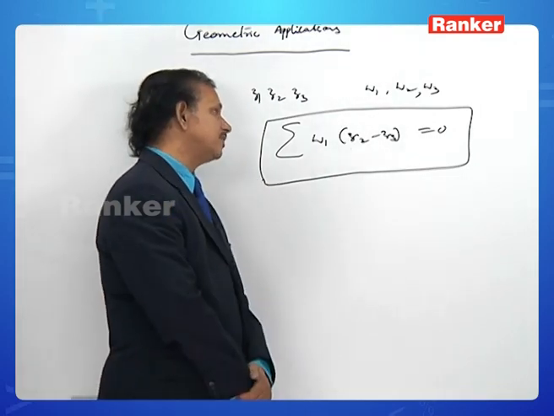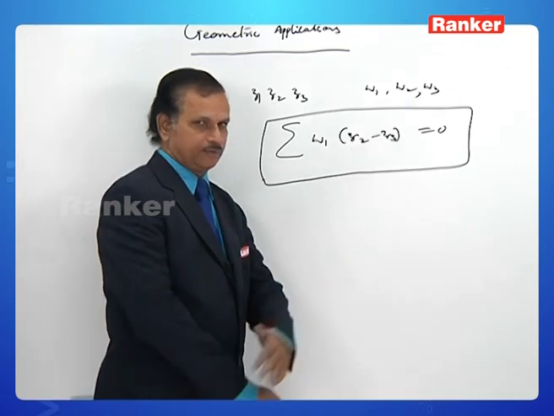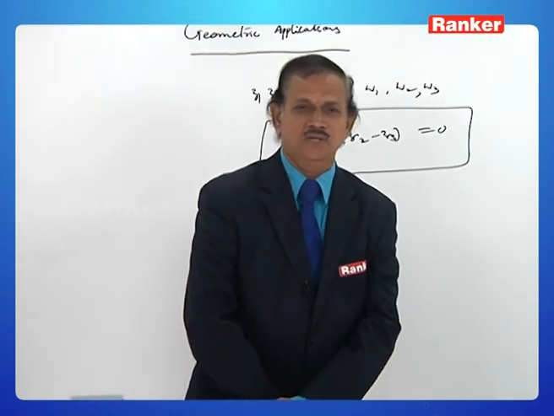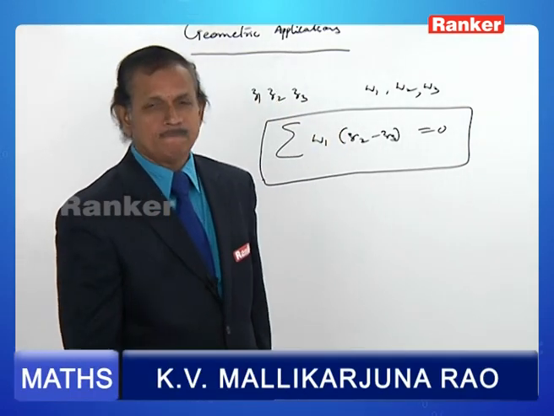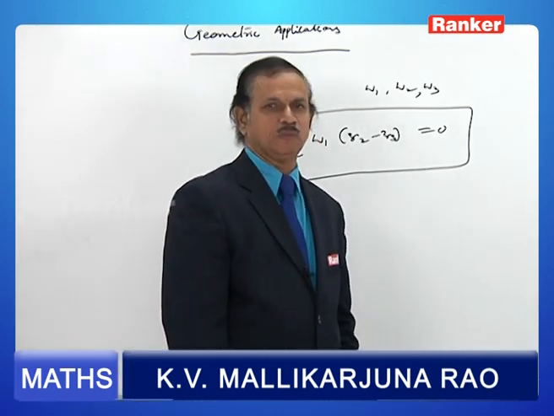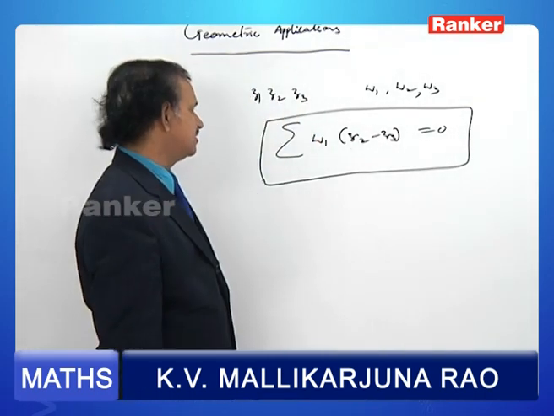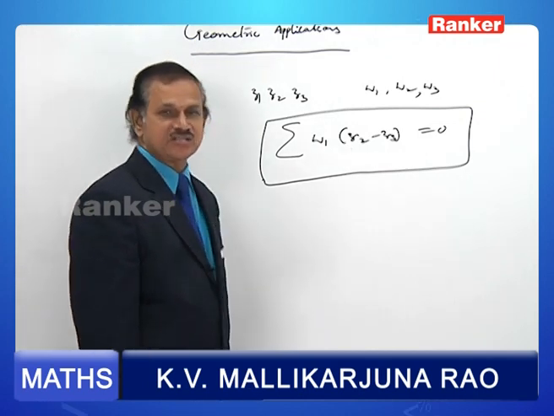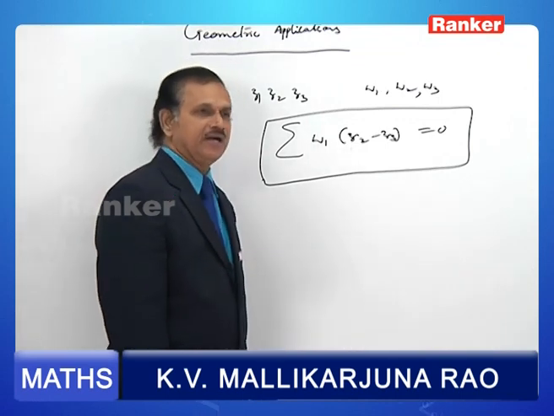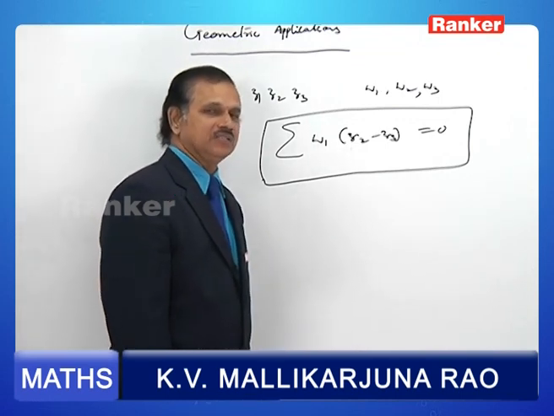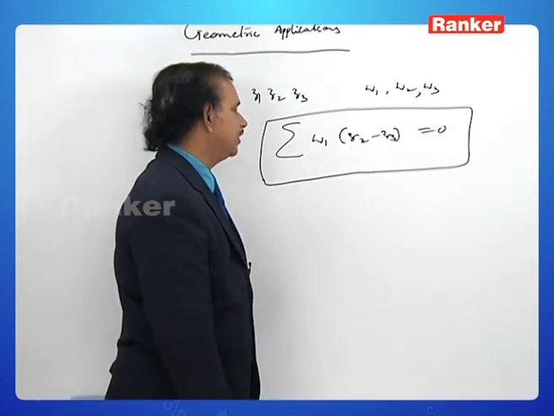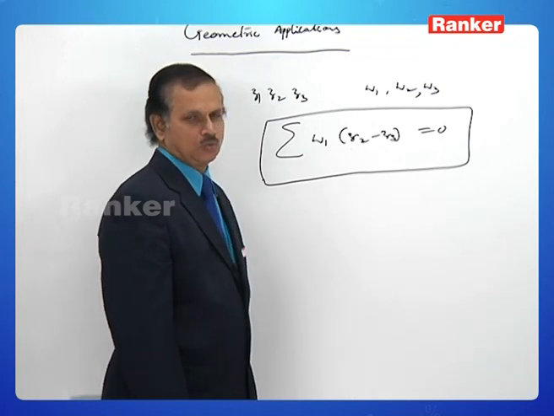Of course, this can be replaced by sigma Z1 (W2 minus W3) equal to 0. The proof may not fit in view of the scope of time. Therefore, you can easily recollect that this condition is the condition of similarity of two triangles. If Z1, Z2, Z3 and W1, W2, W3 are the vertices of two similar triangles, then sigma W1 (Z2 minus Z3) is equal to 0.